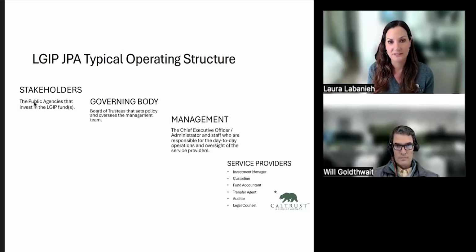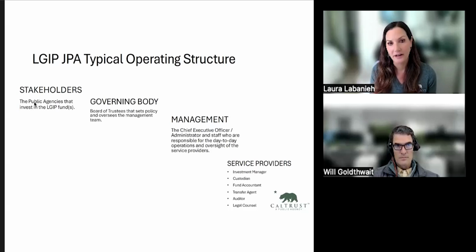The CalTRUST board of trustees members review it, interview them, talk about it, and then discuss if they are someone who has the knowledge and expertise to serve on the board. And then it goes out to a vote of all of our JPA members to approve the board of trustees. So that's how CalTRUST does it.